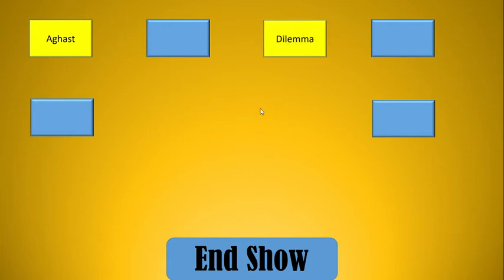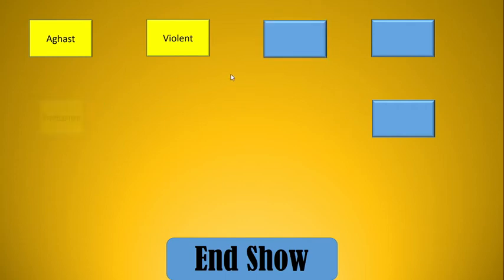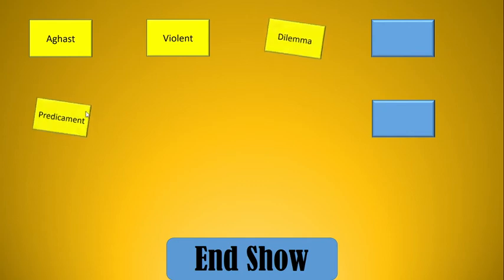So aghast and dilemma, they are not similar. Then if I click, violent is also not similar. So if I click here, predicament, okay, so predicament and dilemma have similar meaning. So I click on predicament and dilemma, then again I click on predicament and dilemma, and here they disappear. So I know that I have got the right answer.